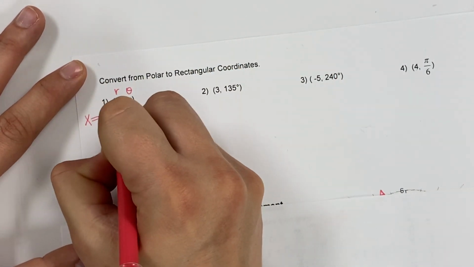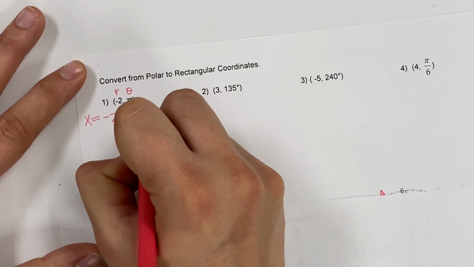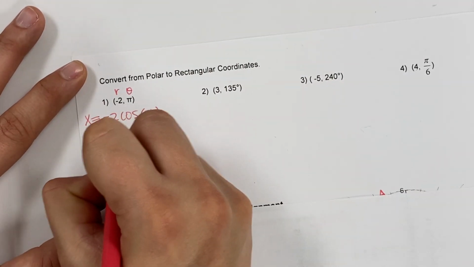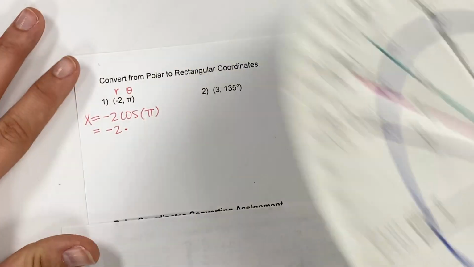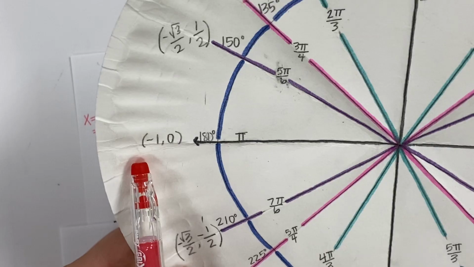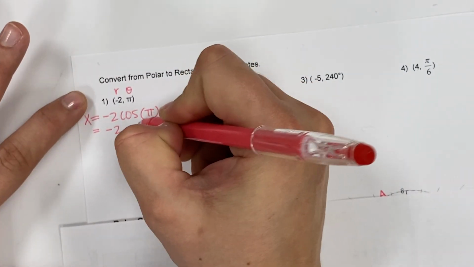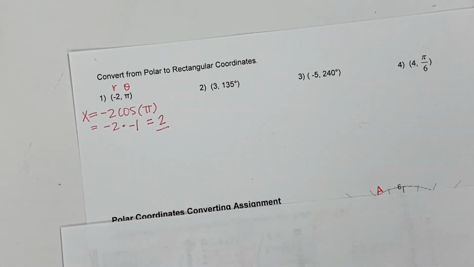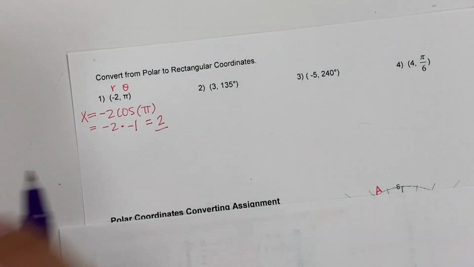So -2 cosine pi. So that's -2 times, let's figure out what is the cosine of pi. So I'm going to go to pi, cosine's the x value, so -1. -2 times -1 is +2. So there's my x value.